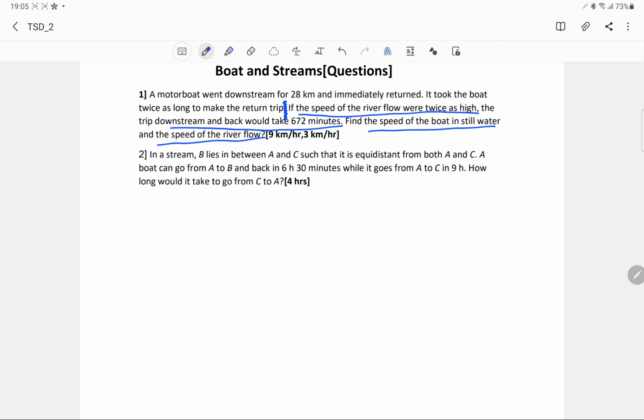So in a stream, B lies between A and C. Mostly in exams like that, they'll give you a question that doesn't require this much solution.